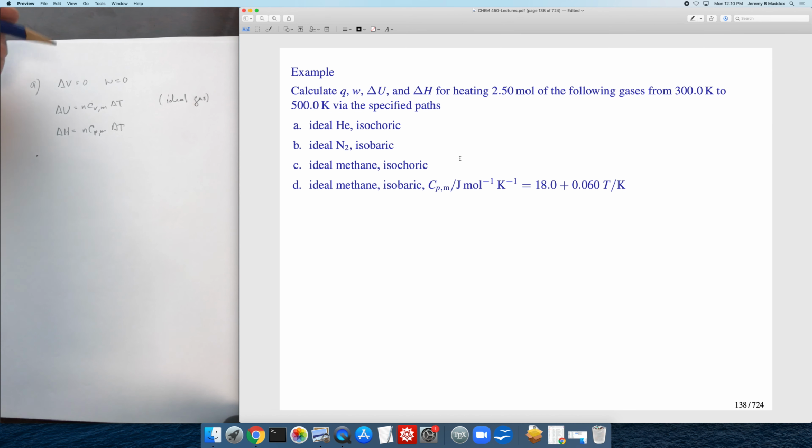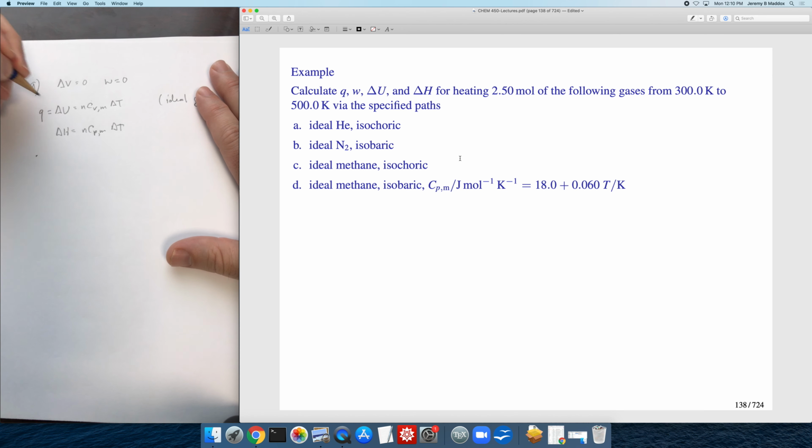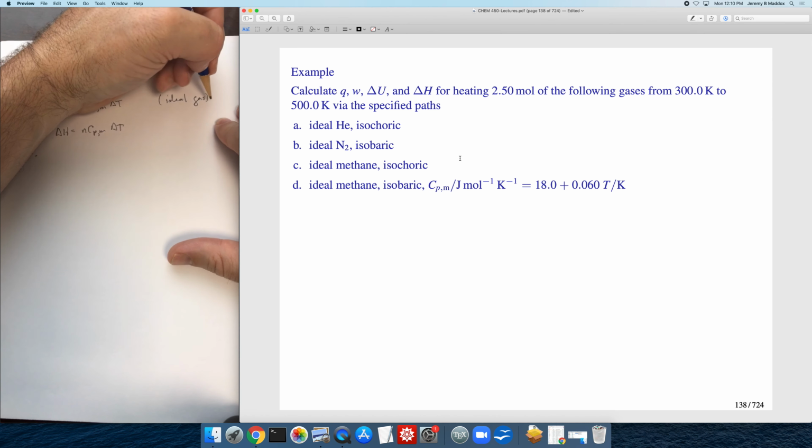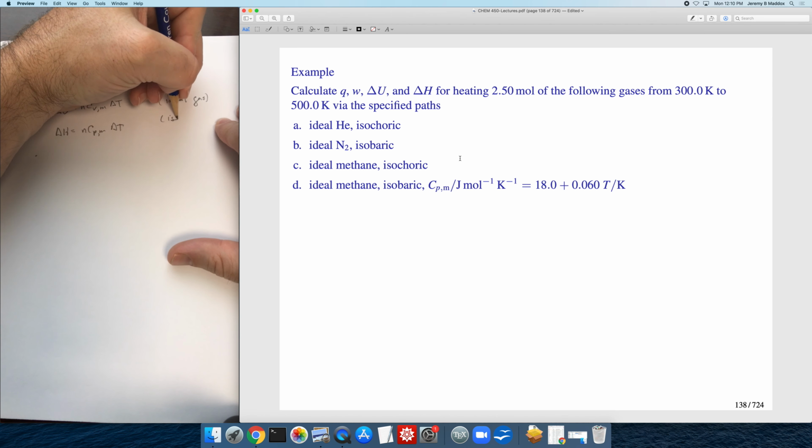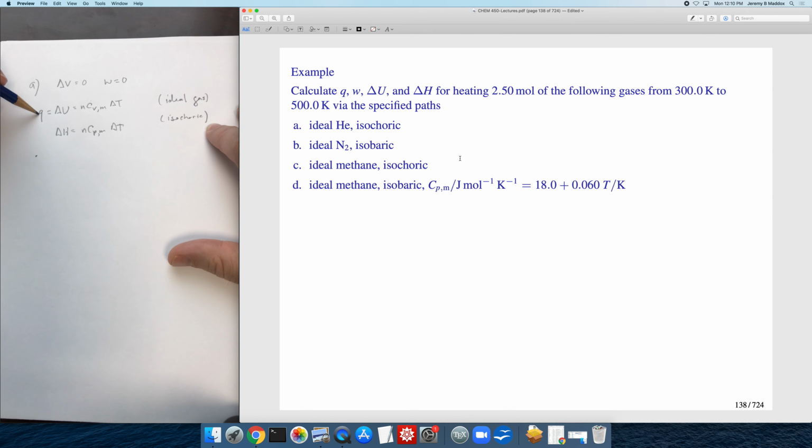Finally, because it's isochoric, that means that the heat is going to be equal to delta U. So I'll also add to this isochoric conditions. We make that identification for constant volume.